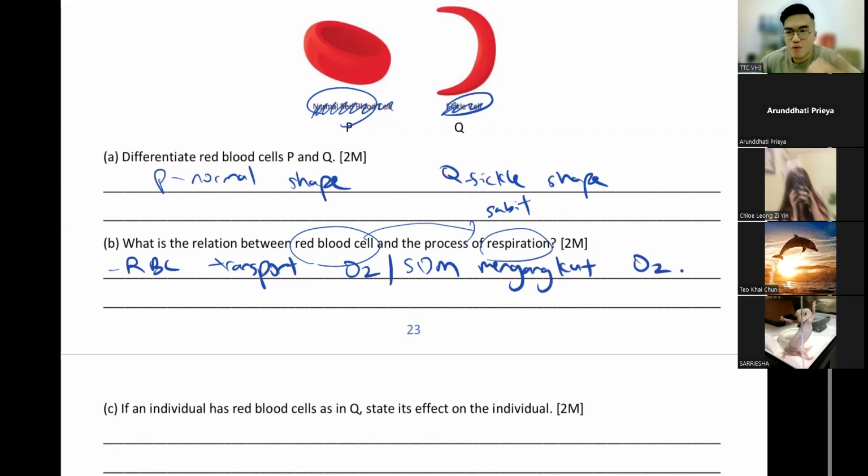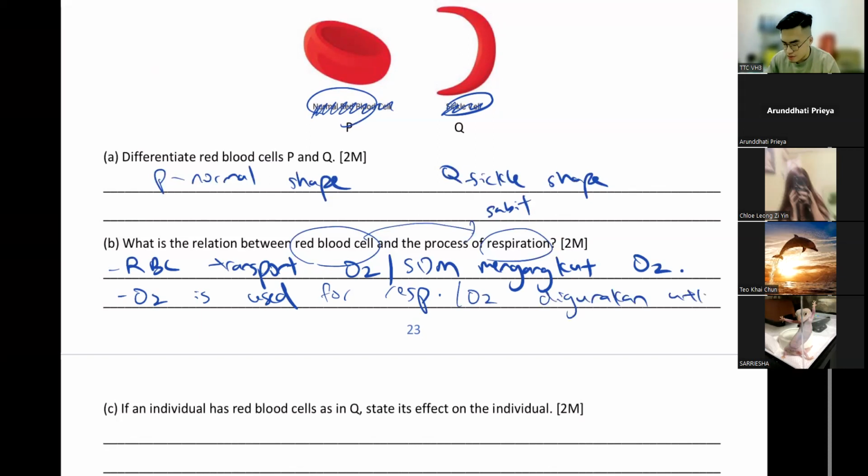Then what? Now you link your oxygen to respiration. How are they related? They don't want the hemoglobin. So what's the relationship between oxygen and respiration? Oxygen is used for respiration.